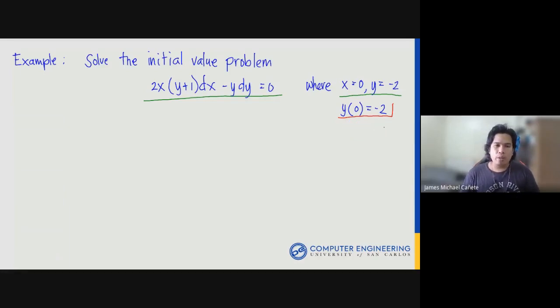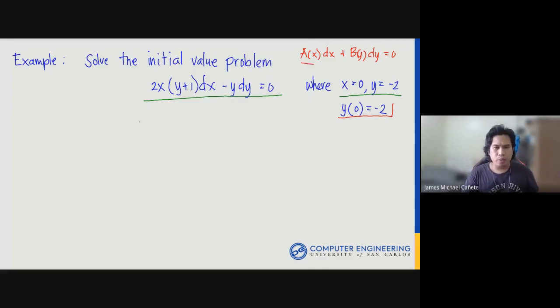Since we're dealing with a variable separable problem, although this looks more complex than the previous example, we still follow the same general rules. We're looking for a way to express this as a(x) dx plus b(y) dy equal to 0. So we're close, except that for the first term on the left side, we have 2x times quantity y plus 1, which does not coincide with a(x) here.